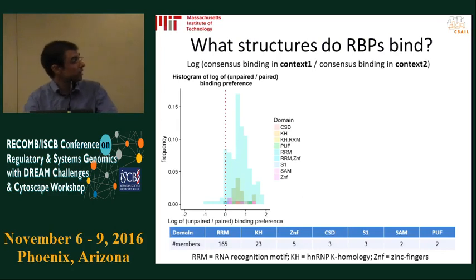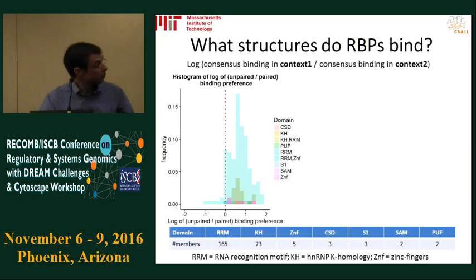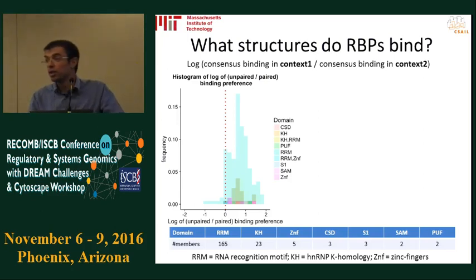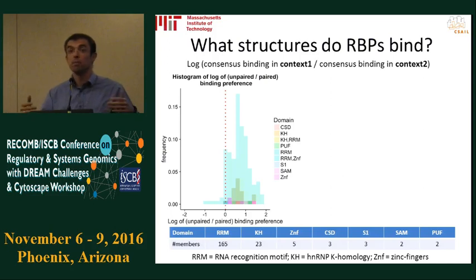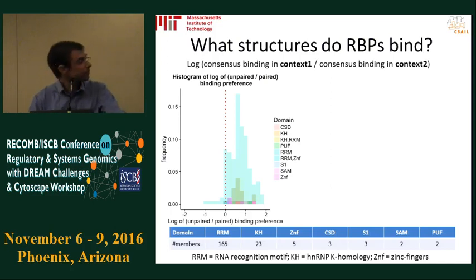What we see is that overall, almost all proteins prefer to bind in unpaired regions. This is in agreement with the main assumption that RNA-binding proteins prefer to bind unpaired regions. We have a few exceptions. These may be either errors in the models or few exceptions in the protein world for proteins that prefer or can tolerate binding to paired regions.